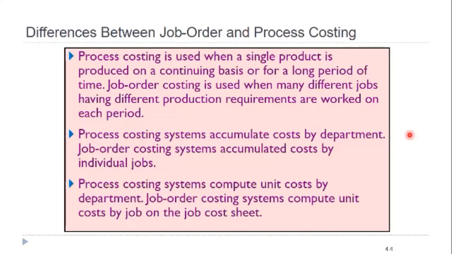Job order costing systems accumulate costs by individual jobs. Process costing systems compute unit costs by department. Job order costing systems compute unit costs by job on the job cost sheet.